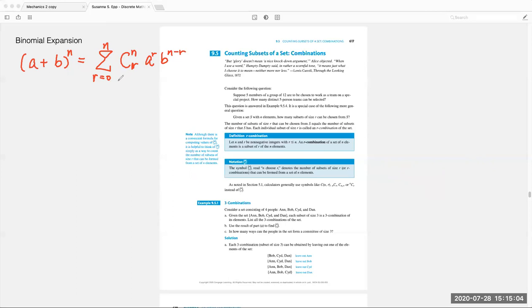This is what you have learned. Do you use this symbol to represent the expansion? Whatever, it doesn't matter, okay? So NCR is the coefficient of the term a to the power r and b to the power n minus r. At least you know this one, I think.